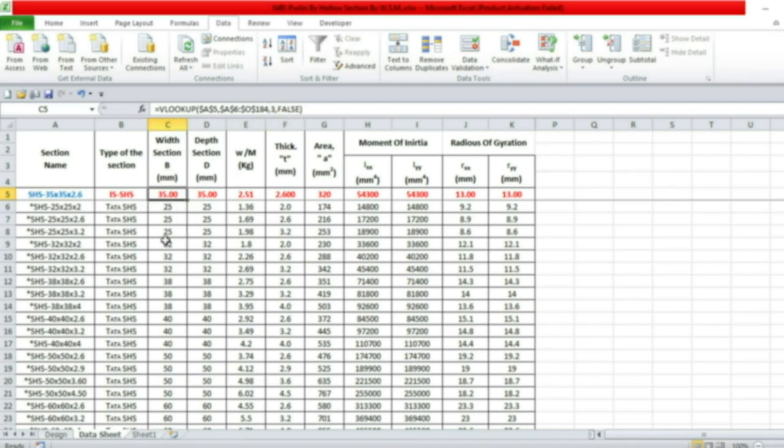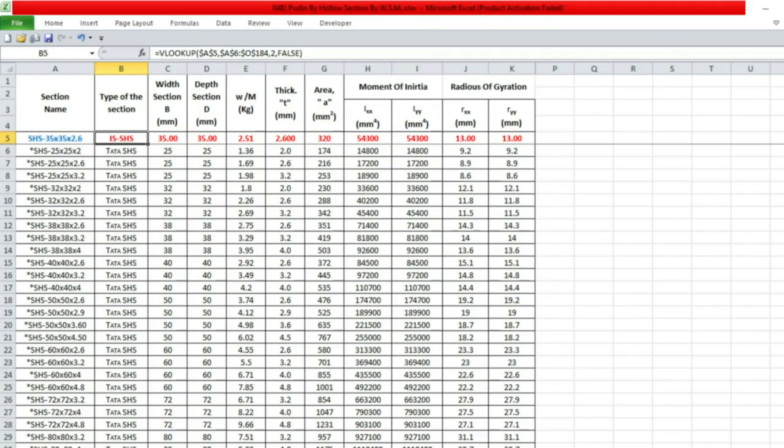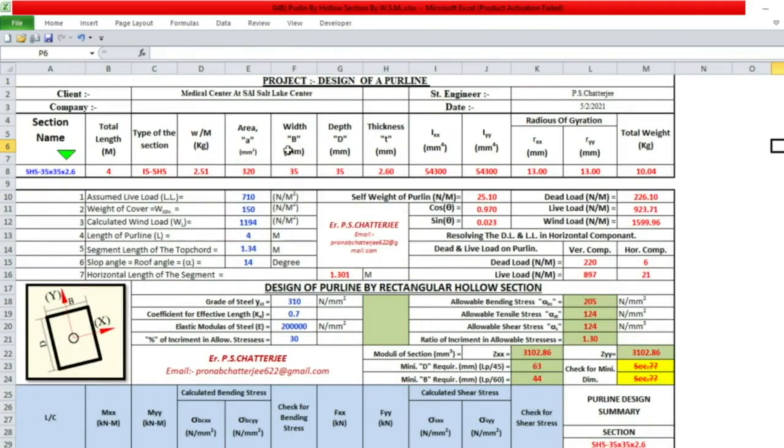We will find this thickness and so on for our design sheet. This one is equal to data sheet B5. This one is equal to data sheet E5. This one is equal to data sheet G5, and like this. Here, the weight of the purlin, W purlin in kg.